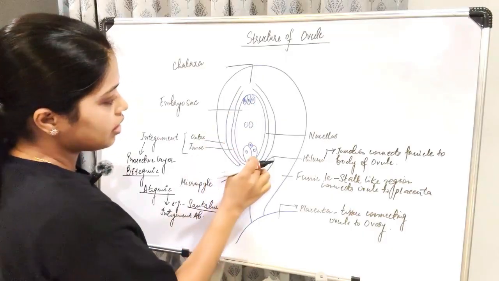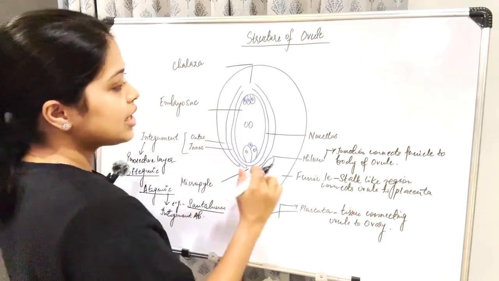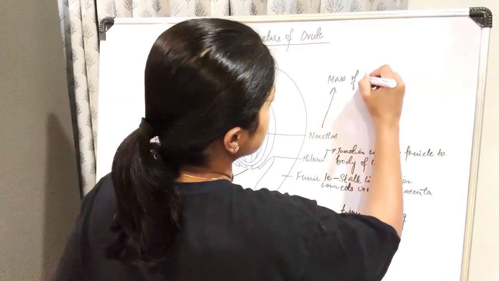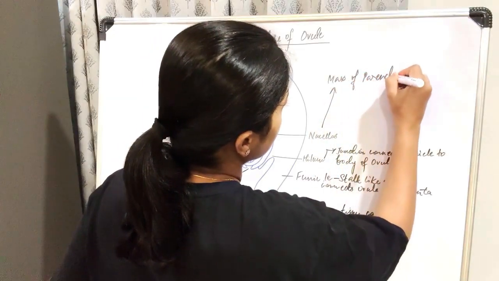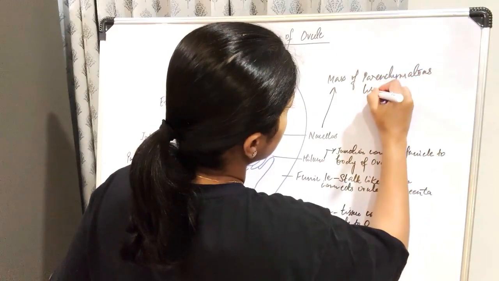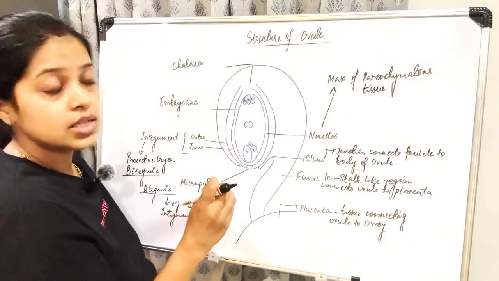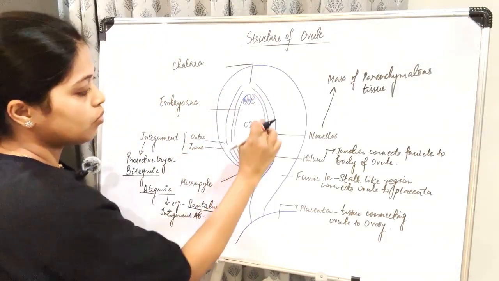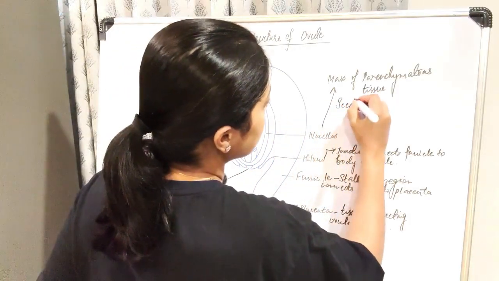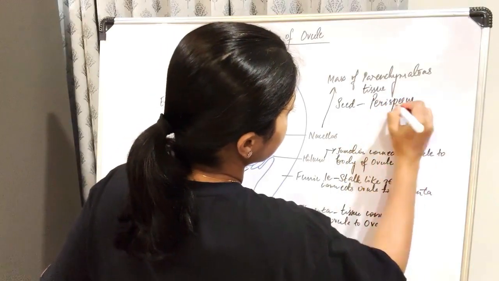This inner layer outside your embryo sac is the nucellus. So basically the nucellus is a mass of parenchymatous tissue. If the nucellus, this complete wall of nucellus, persists in the seed, we call it perisperm.